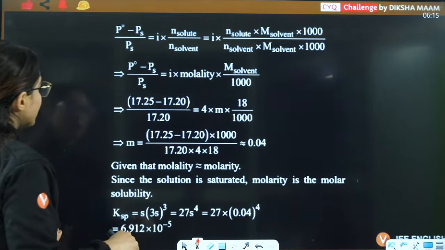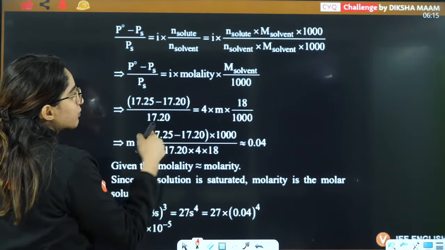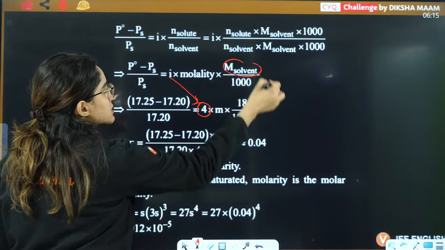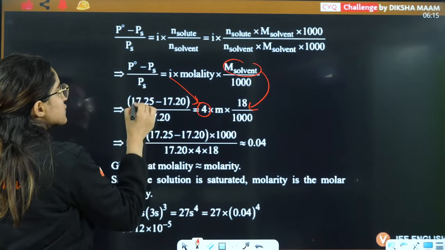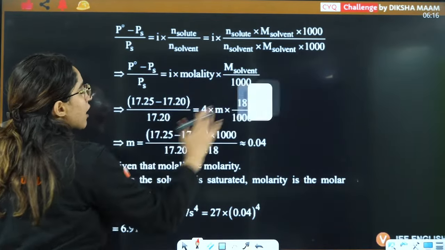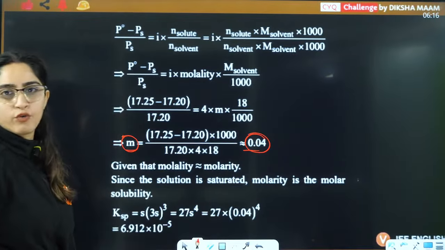Now we solve for molality: you put in all the values, the van't Hoff factor, 18, P0 and Ps, and you get the value of molality as 0.04.